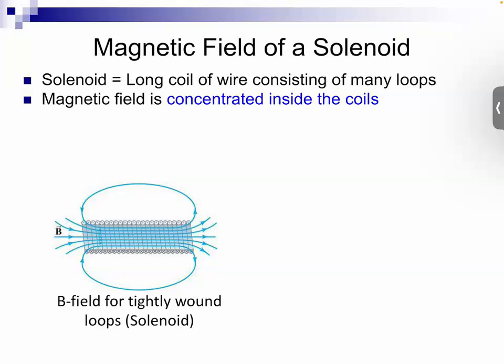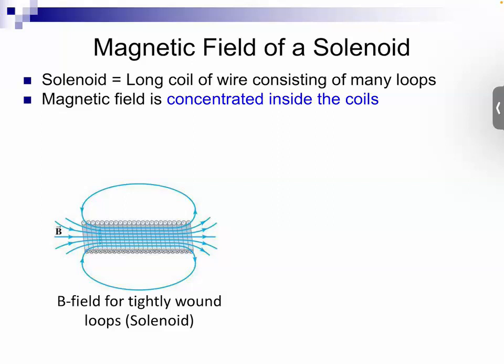And if this is the solenoid, each wire carries a current. If you can see, you have dots above and then crosses below. That means current is going out of the page above the top part of the solenoid, and going into the page at the bottom part of the solenoid.